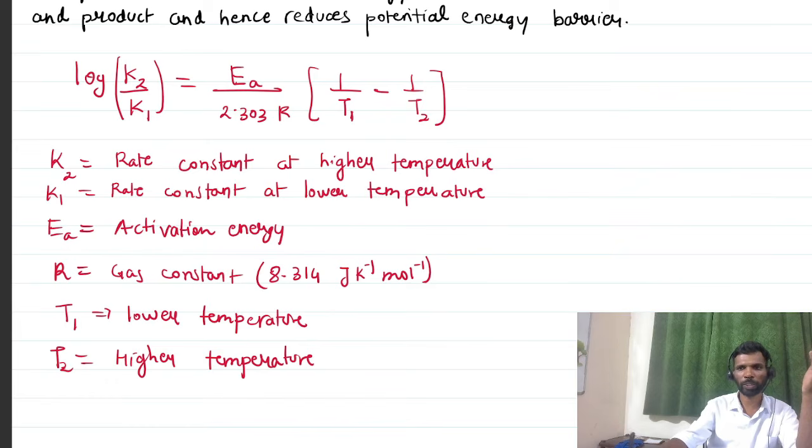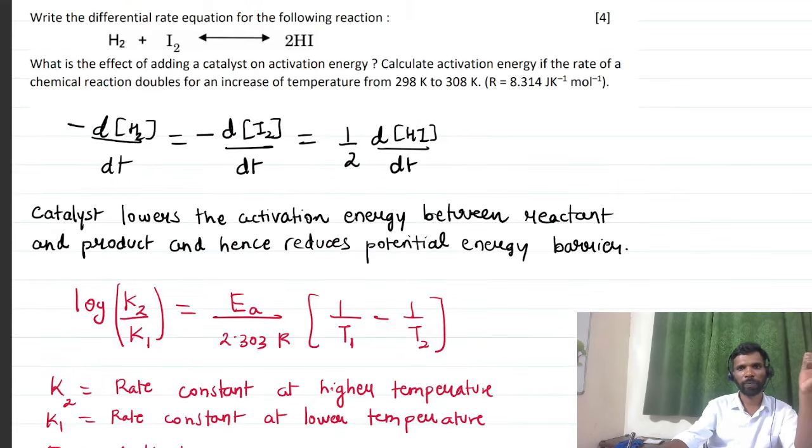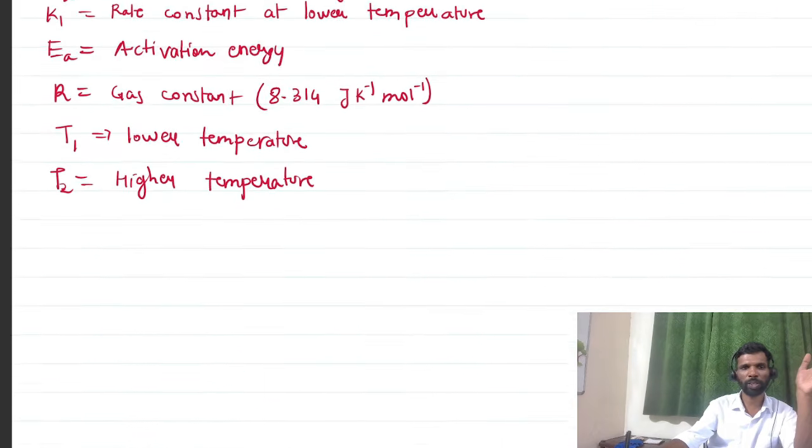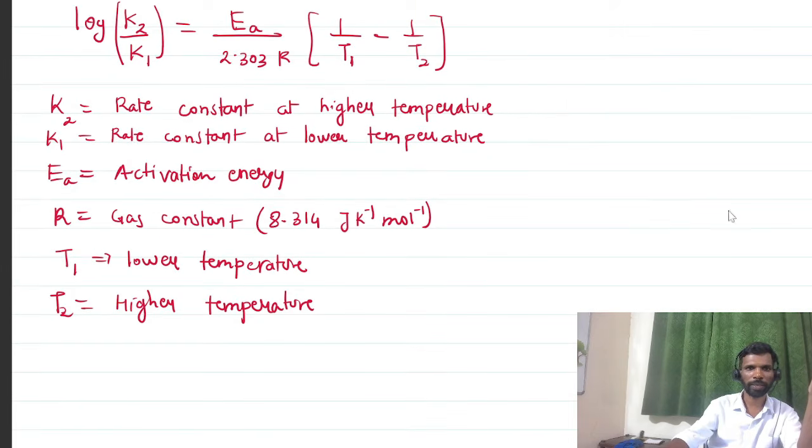In the question, it is said to calculate the activation energy if the rate constant of the chemical reaction doubles for an increase in temperature. Rate constant doubles means my K2 becomes 2 times the first one. Let's say K1 is x, then K2 will become 2x. So how do I solve?